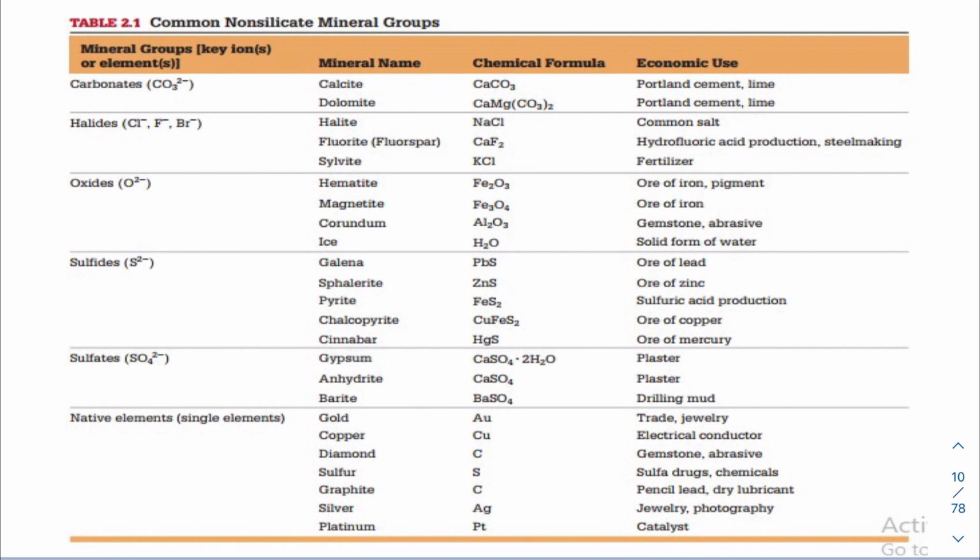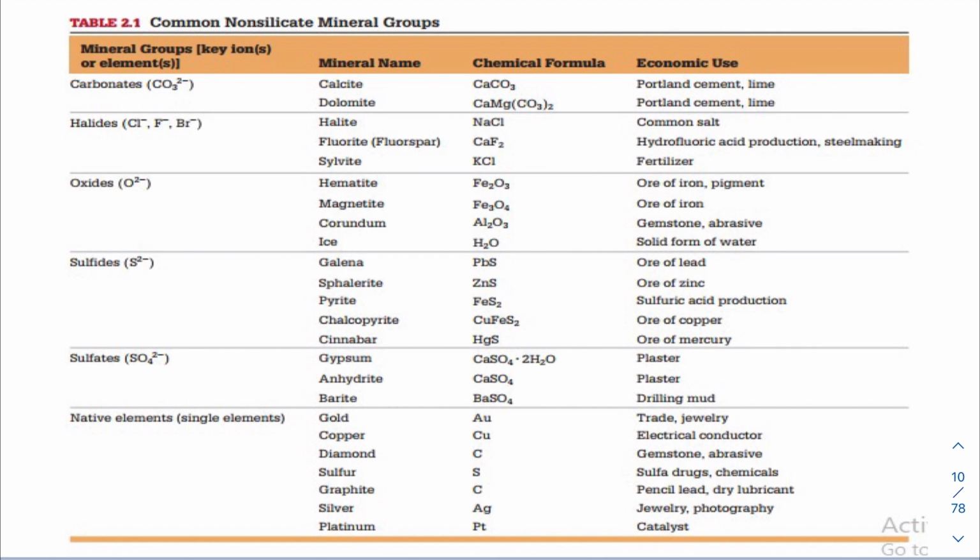For your halides, we have halite, fluorite, and sylvite, and they have their uses. For example, sylvite we use as fertilizer. KCl is its chemical formula. Potassium, in NPK, is one factor in plant growth.